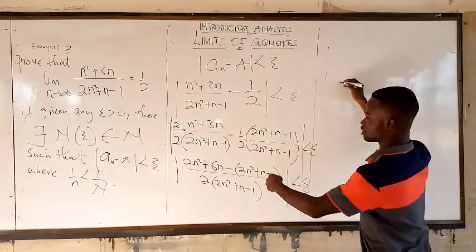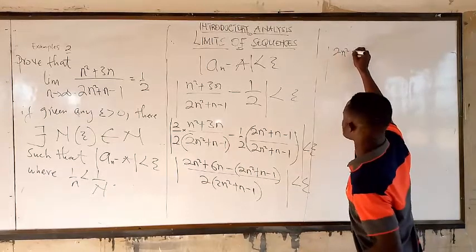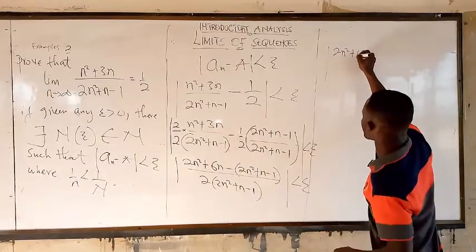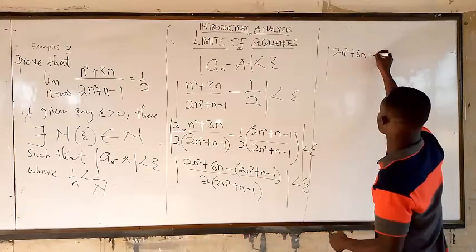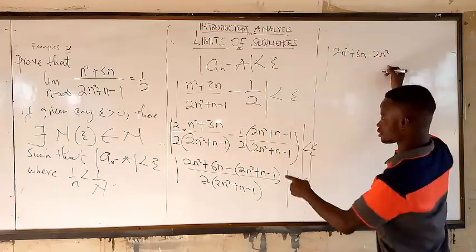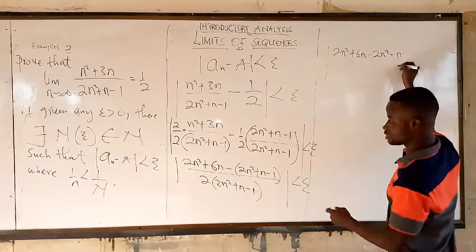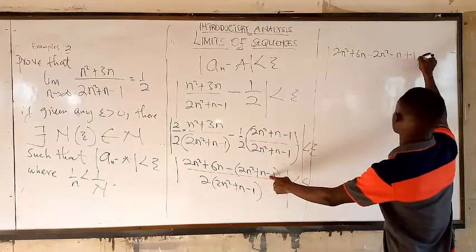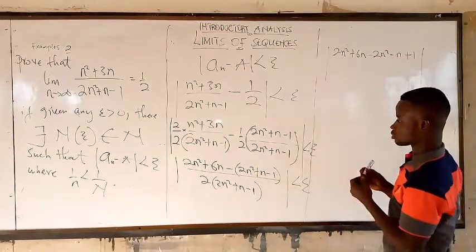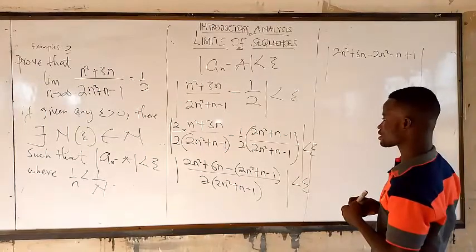Okay. Here 2n squared plus 6n minus 2n squared minus n, and then again 4. Hope you can see that.